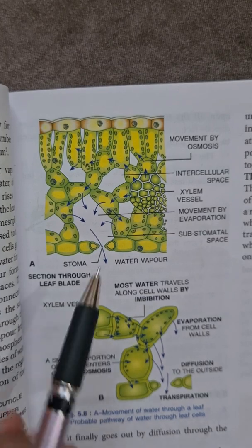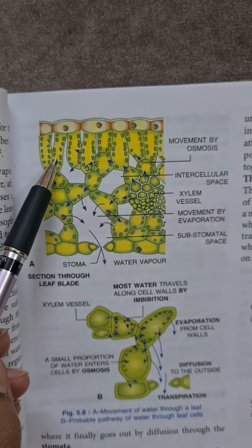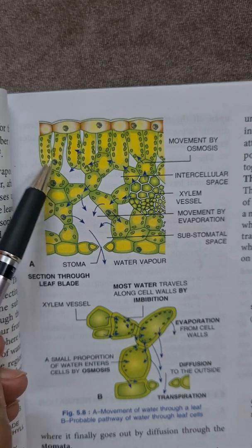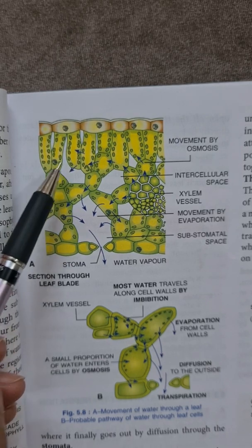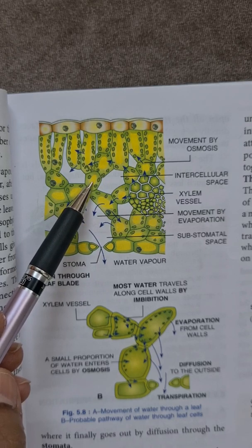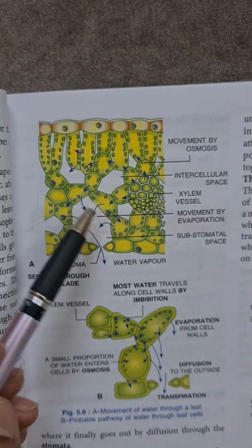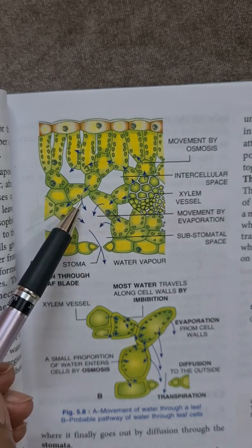In this diagram it is very clear. These are the palisade mesophyll. Water keeps on moving from one cell to another by cell to cell osmosis or imbibition. Then it moves to the spongy mesophyll, and as you know, spongy mesophyll cells have intercellular spaces between them.